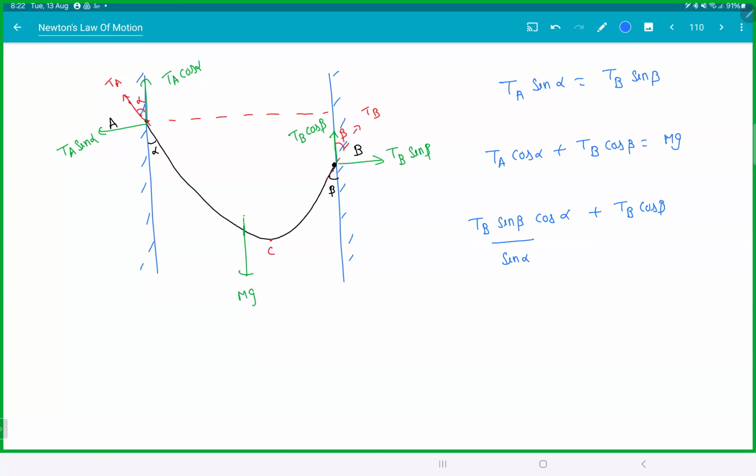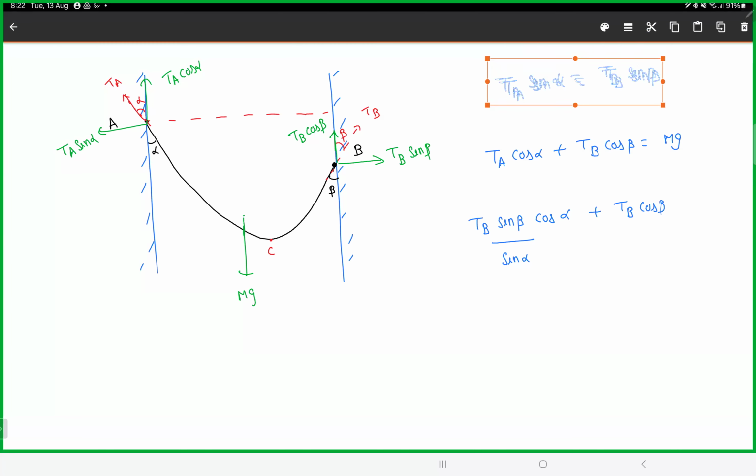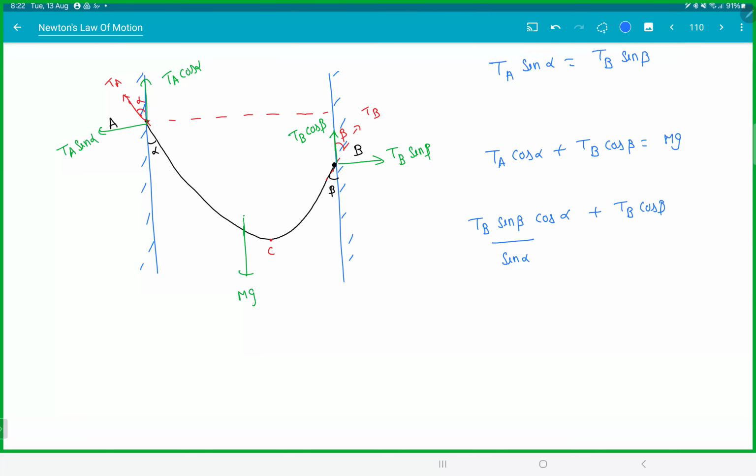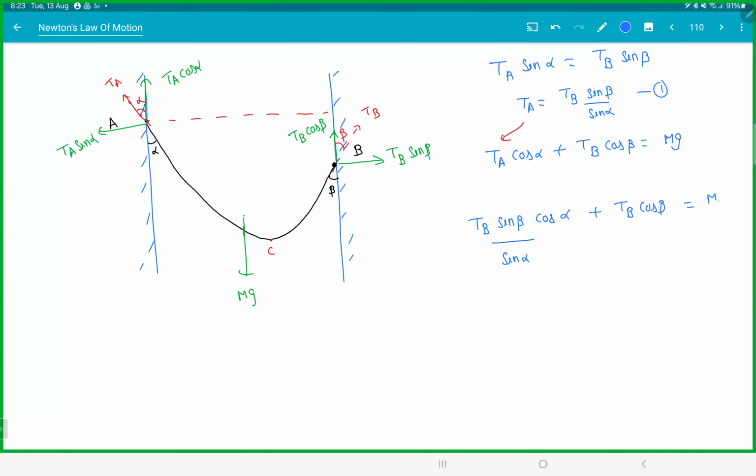And what I did here, TB sin beta by sin alpha. Take that and dump it here. Is equal to mg. Cross multiply, you'll get TB.